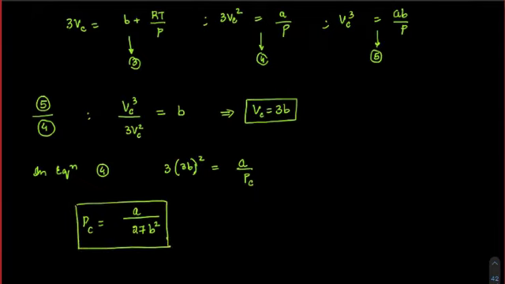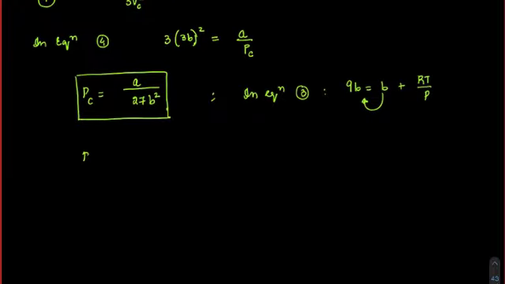Next, the third point: in equation 3, if we substitute the rest, I will have 9 times B is equal to B plus RT by P. If I take this B to the left hand side, I will get RT by P, which is TC and PC, equal to 8B.